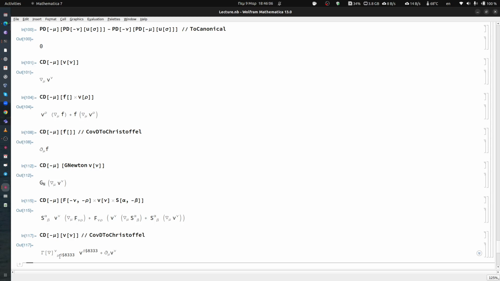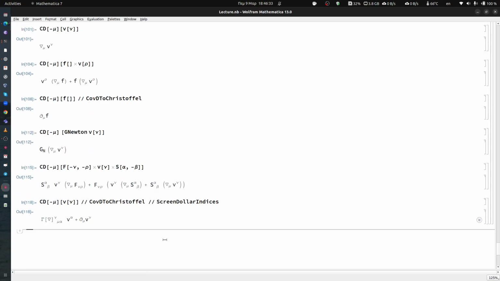But you see here that there are those funny indices that for them to have unique names, xTensor adds those funny dollar numbers. So if you don't like this ugly expression, you have to use the function ScreenDollarIndices, and then you will obtain a prettier looking expression that has simply the index alpha contracted here with the index of the Christoffel symbol.